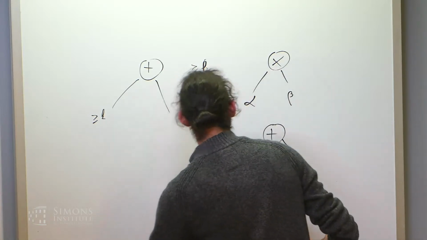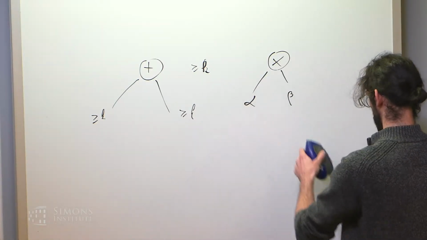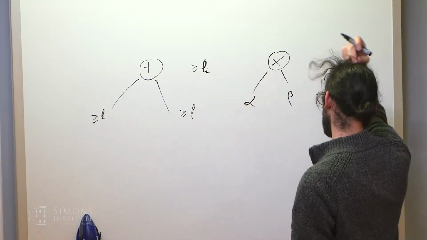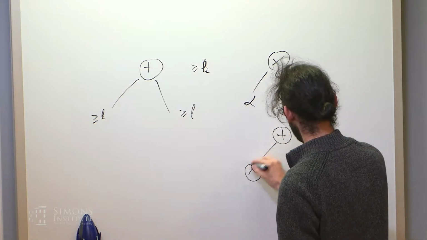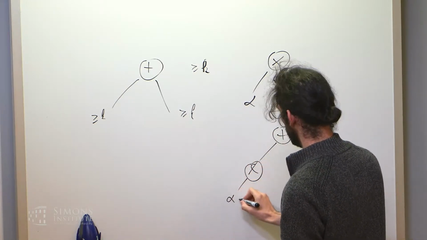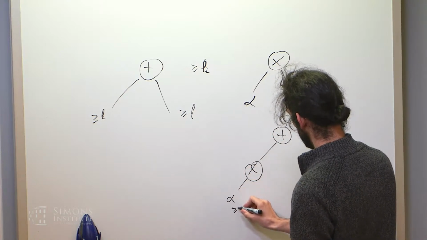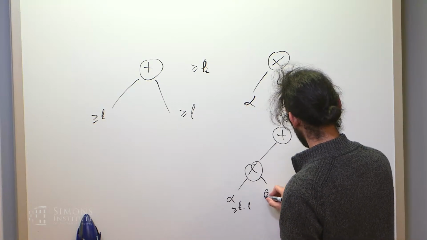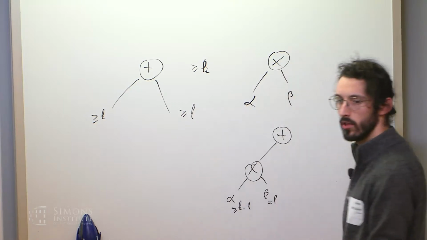Oh no, sorry. Oh no, that was right. Okay. Alpha. So here you want greater than, say, k minus L, and here you want beta, well, perhaps equal L, something like this.